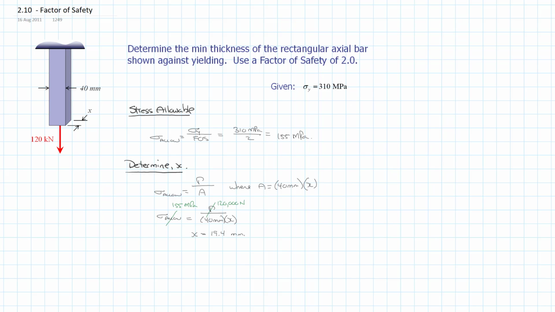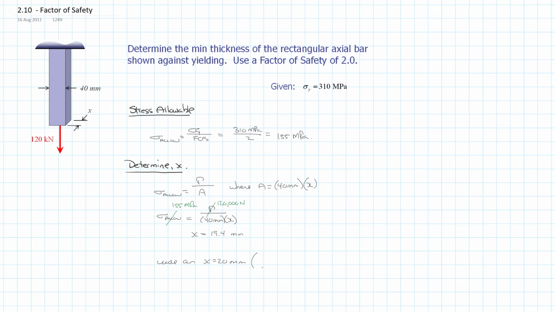Now, just as a practical point, we're not going to specify 19.4 millimeters. Depending on the material, the sections, and what's available in your area, you're going to round it off to the next reasonable increment that you can buy on the market. So in this case, you're probably going to say use an x equal to 20 millimeters.